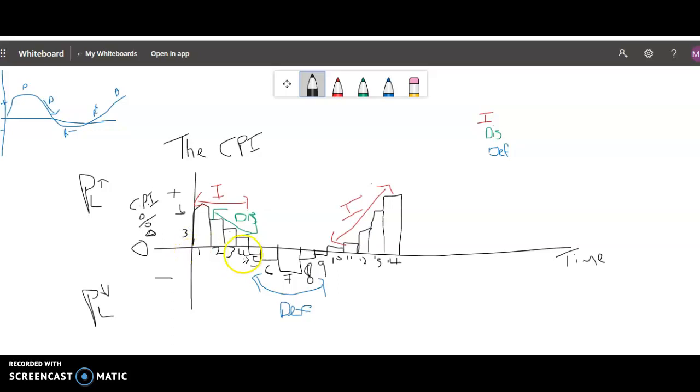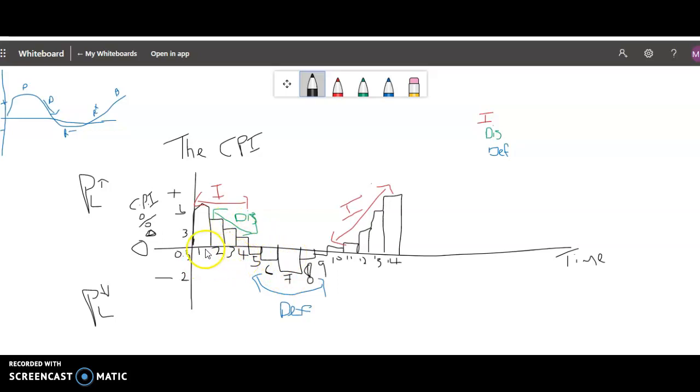Maybe this is like minus 0.5, just to give you an idea of values. And then we're getting down to like 2%. I know there's not an even scale here, but just to give you some ideas, you have like 5% inflation and then it's falling to 3. That's definitely disinflation. It's still rising, so it is inflation, but it's what we call particularly disinflation.